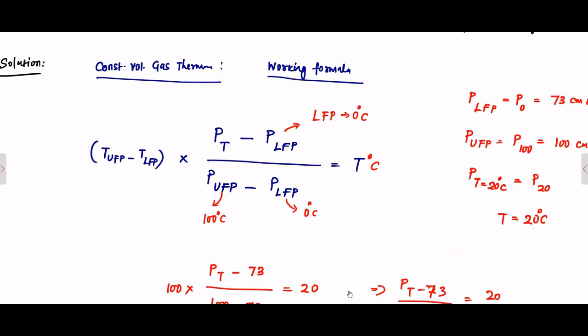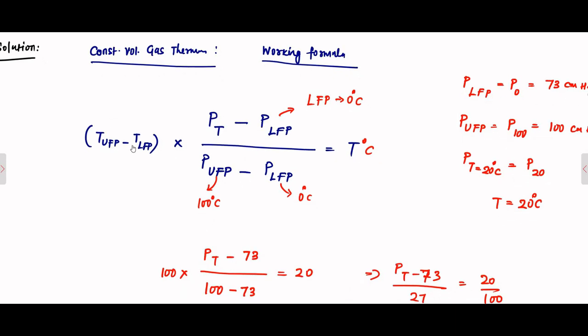Here again I am repeating this working formula, where I missed the part to multiply by the difference between the upper fixed point temperature and the lower fixed point temperature. Everything else is the same. Pt, which is the pressure at any specific temperature, minus the pressure at the lower fixed point, divided by the pressure at the upper fixed point minus the pressure reading at the lower fixed point.